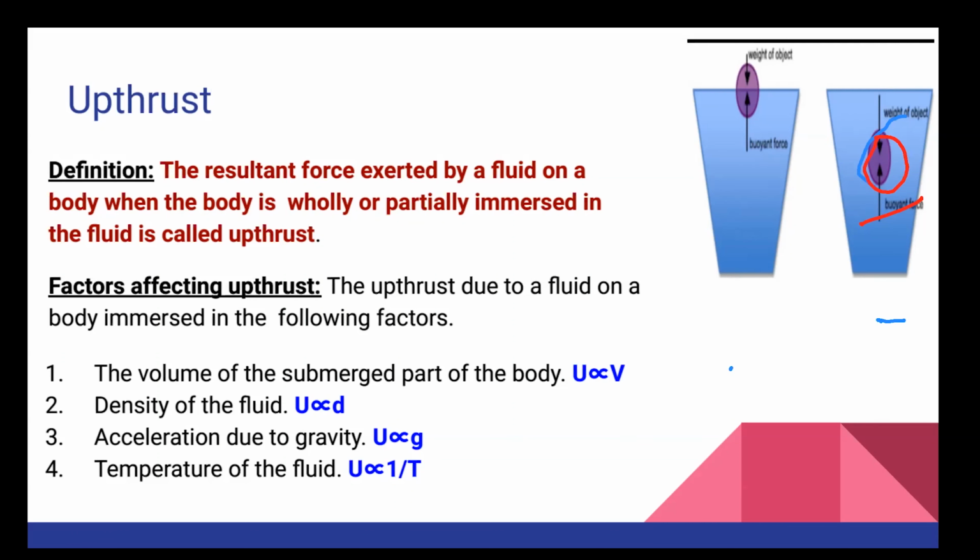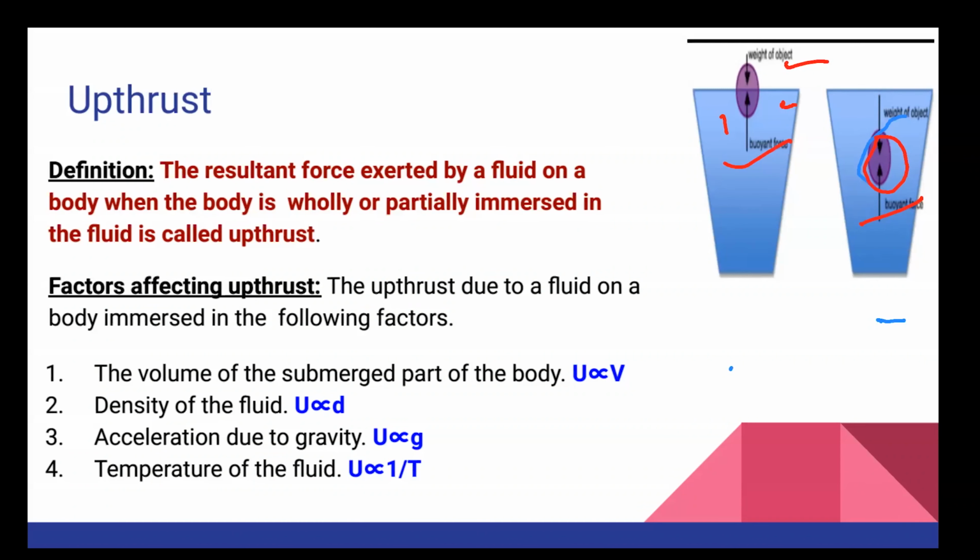Whereas if you go to the left figure, we can see the object is immersed partially. You can see half of the object or body is outside the liquid and only half of the part is inside the liquid. The beneath part, which is inside the liquid, is the immersed part. So we can say this is partially immersed.